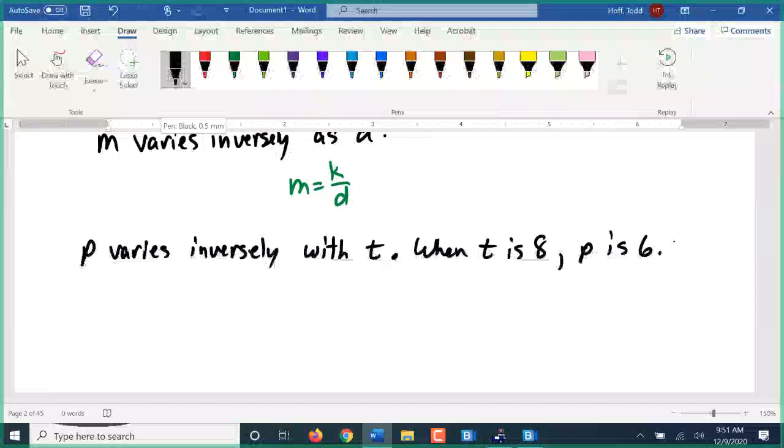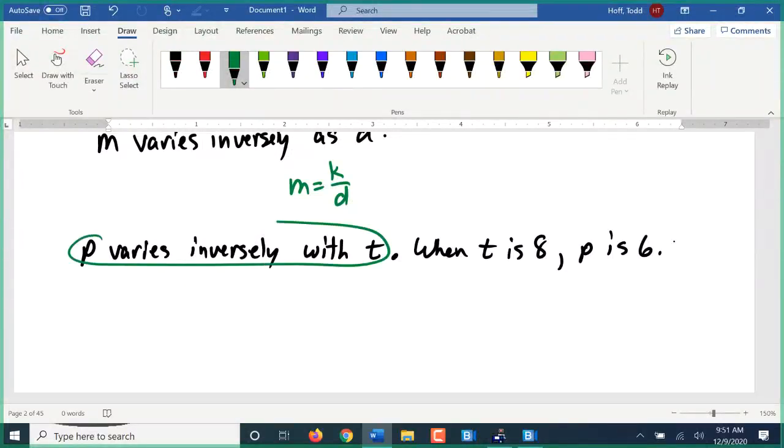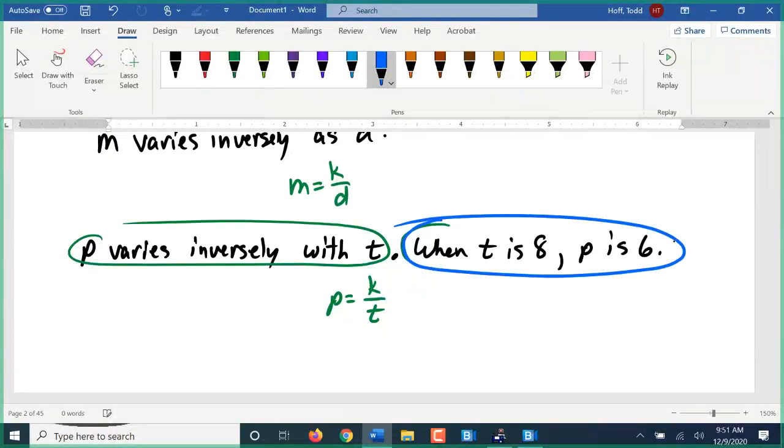We can expand on our formula. P varies inversely with T, again, is telling us that P equals constant divided by T. And then we have this known condition: when T is 8, P is 6.